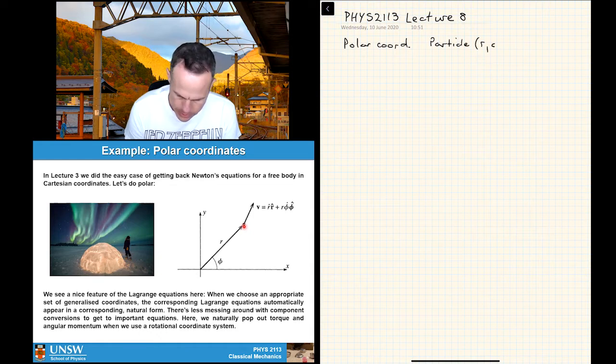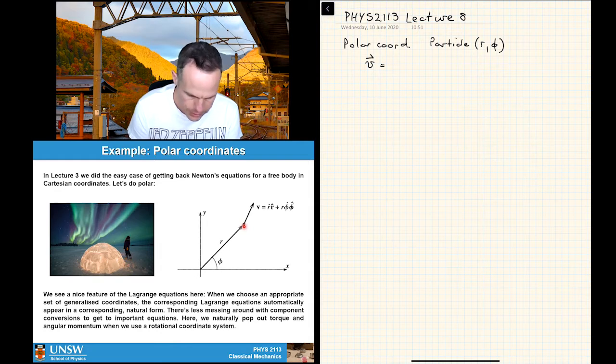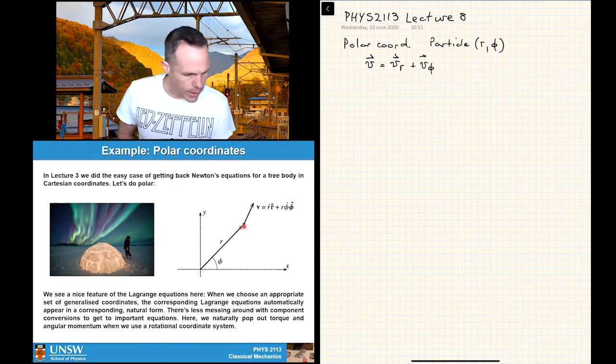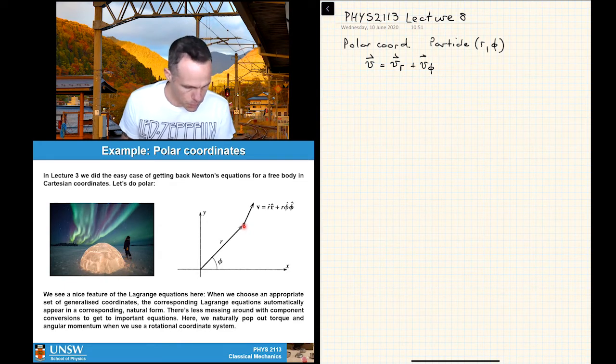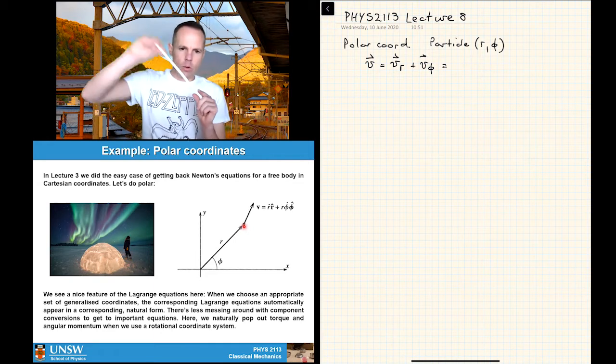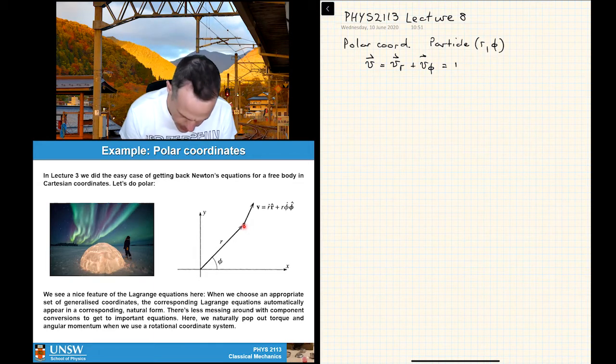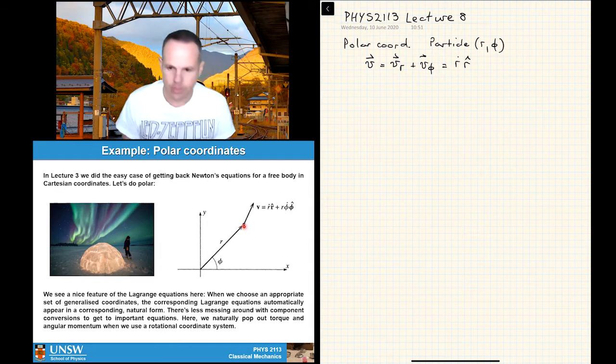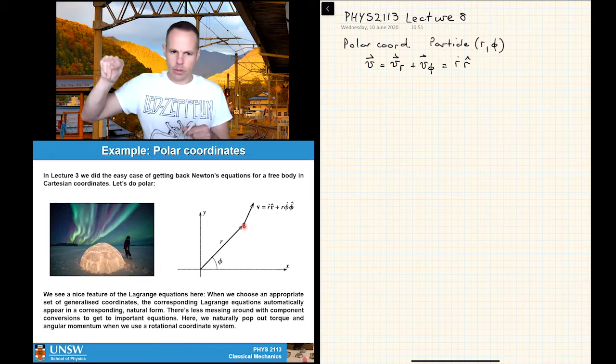and it's at position r and phi in this particular case, okay? And it will have some velocity that is going to be made up of two components, a v_r component and a v_phi component. All right. And we know that we can write our radial component just as r dot r hat, where r hat is just the unit vector in the radial direction.